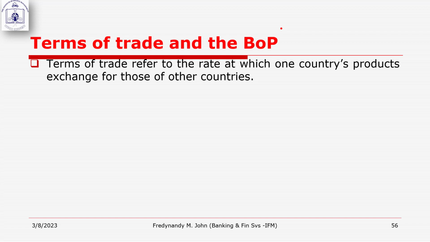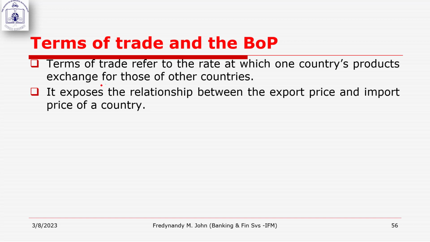Now, let's focus a little bit on the terms of trade and the balance of payment. What is the terms of trade? Terms of trade simply represents the extent to which exports finance imports. The terms of trade measures the rate at which a country's products are exchanged for the products of other countries.